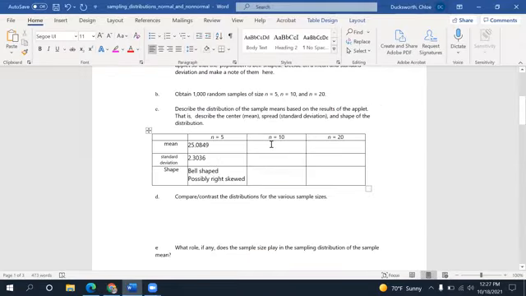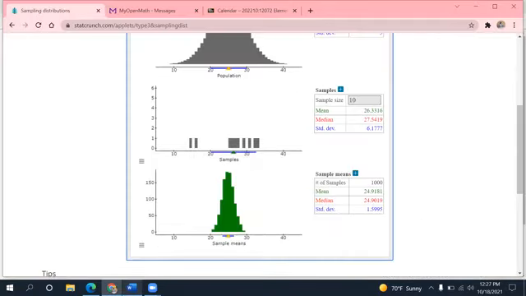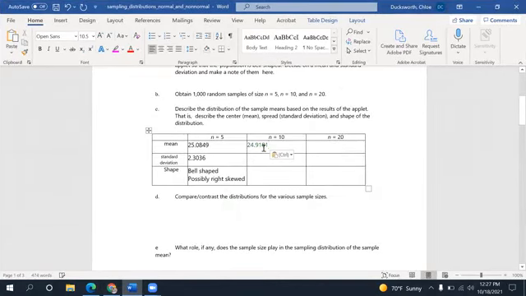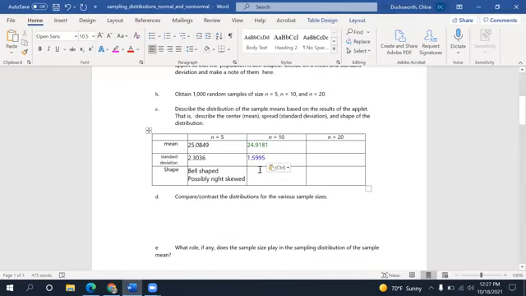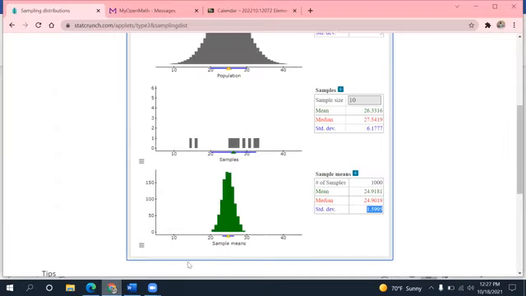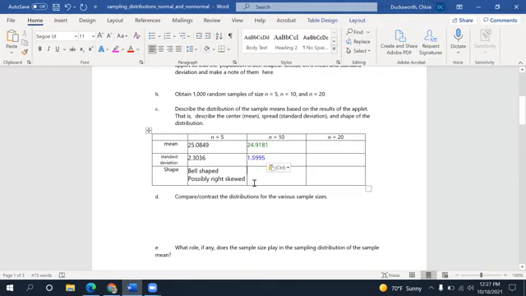This is the one for 10. That was well done. And the shape, it looks bell shaped to me, yeah. I think it's bell shaped.